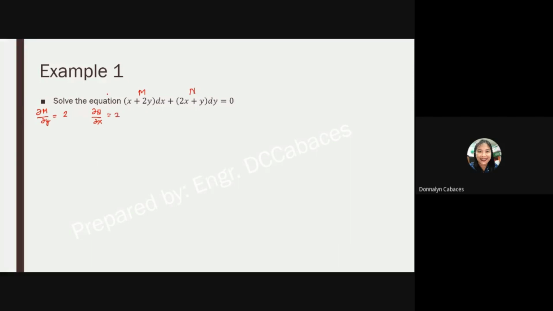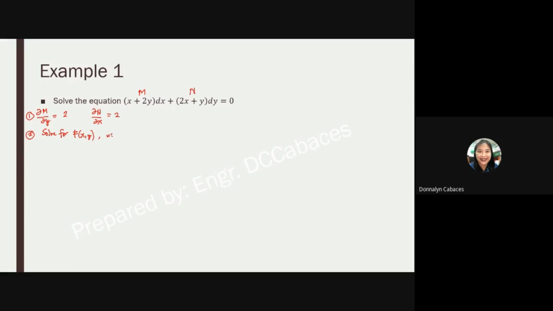Since they are equal, the given differential equation is exact. That is step number 1, determining whether the given DE is exact or not. Number 2 is you solve for the solution already, which is a function of x and y.